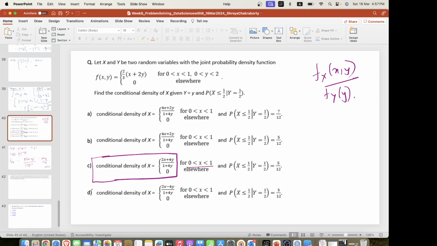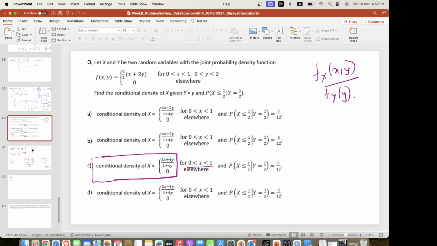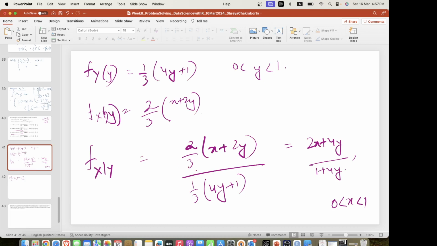Okay, ma'am. Got it? Now the query is probability x less than or equal to half given y equal to half. So how do I get there? We have to find the probability x less than or equal to half given y equal to half. So we have the conditional distribution here, (2x plus 4y) by (1 plus 4y).